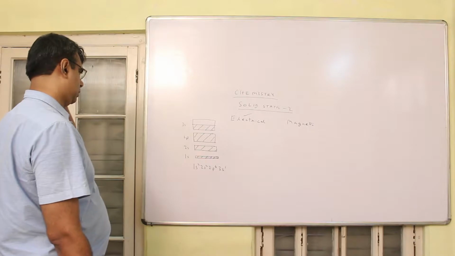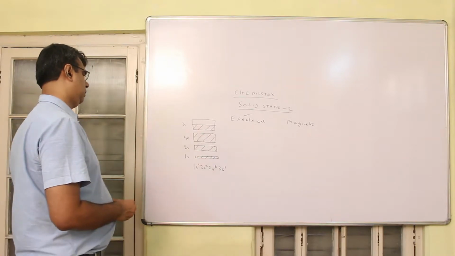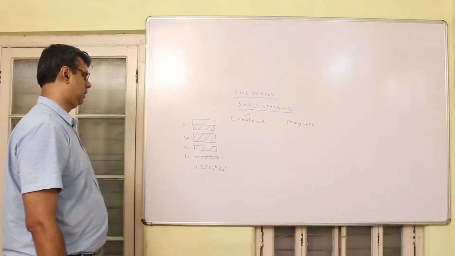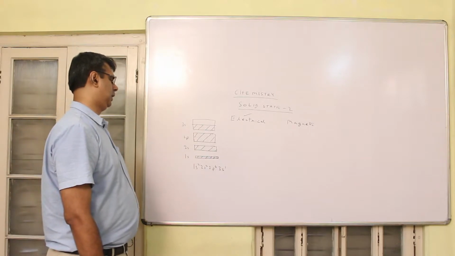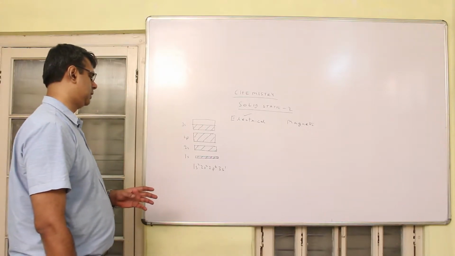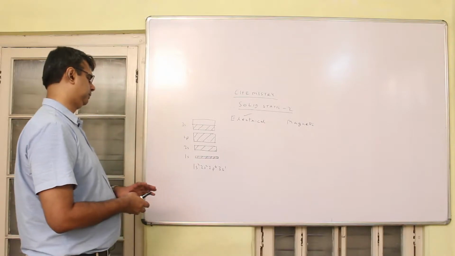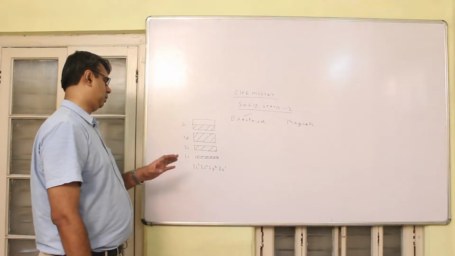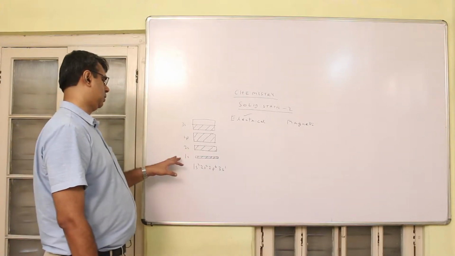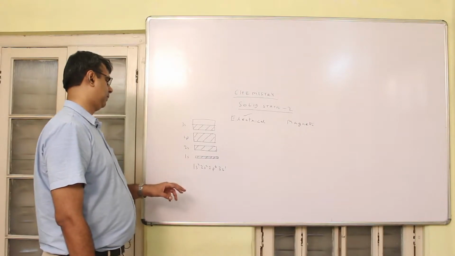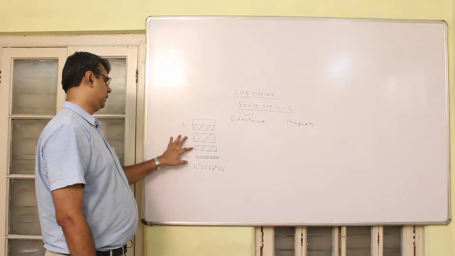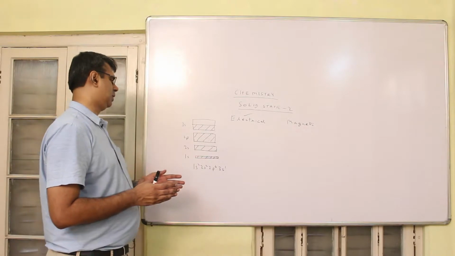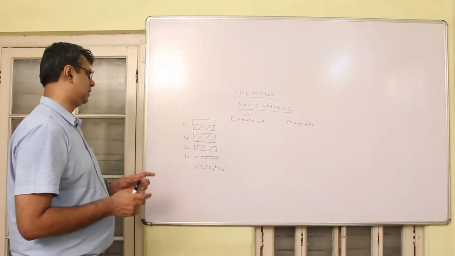In a sample of sodium, the sodium atoms are at very close proximity to each other. So instead of having discrete energies, each orbital, for example the 1s orbital, has a range of energy like this. Similarly, the 2s orbital has a range of energy like this, and the 2p orbital has a range of energy like this.